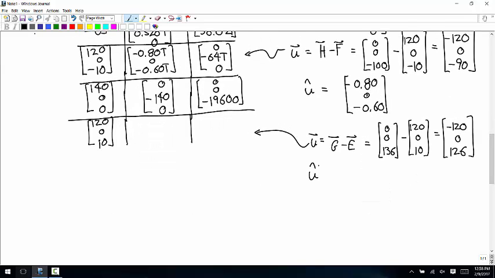And so what's a unit vector in that direction? 0.690, I'll call it 690. What was the second one? Oh, 0. And then the third one? Okay.